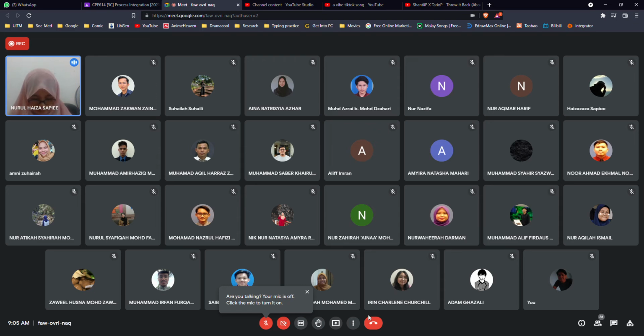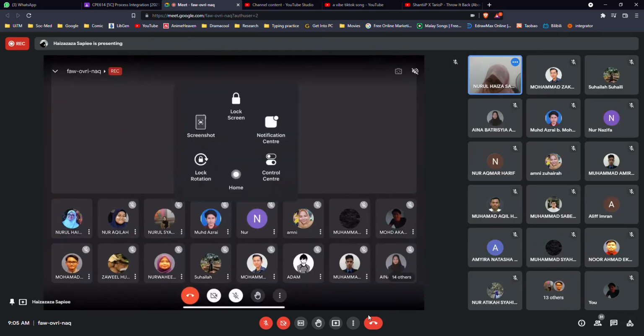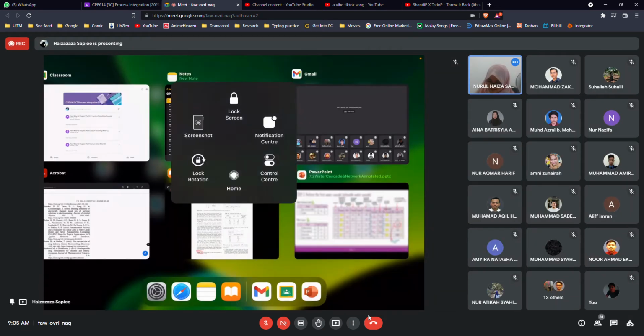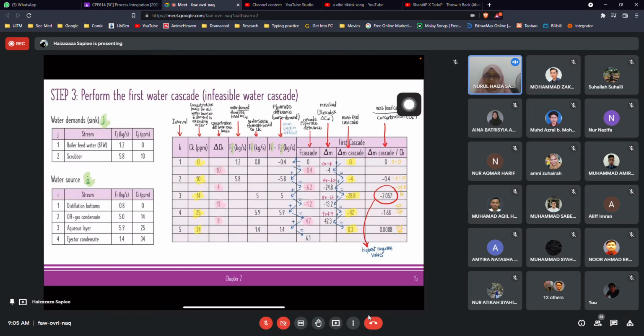Okay, so tadi dah sampai sini kan. So when you do the cascade, saya tak share screen punya. Okay, so when you do that cascade, kita akan dapat the highest negative value.